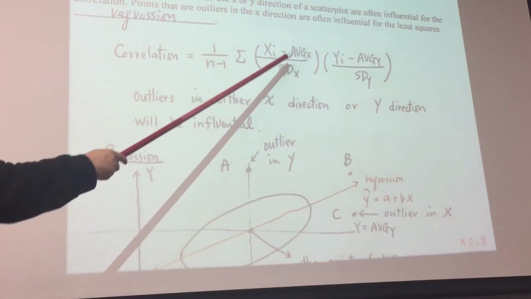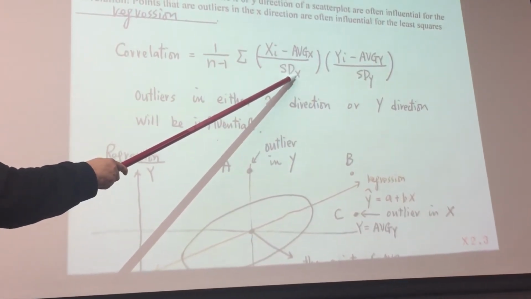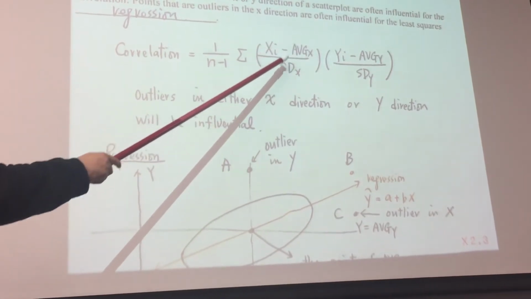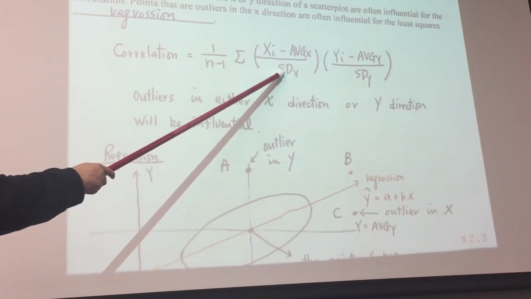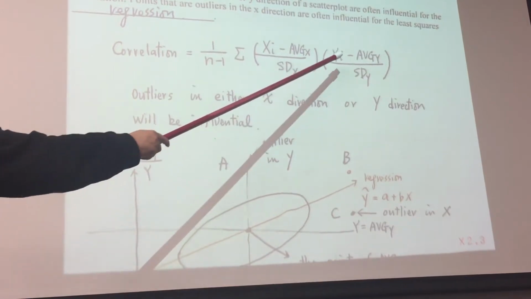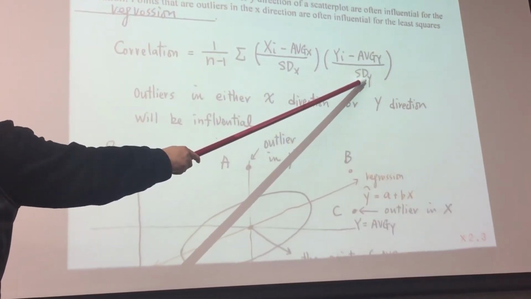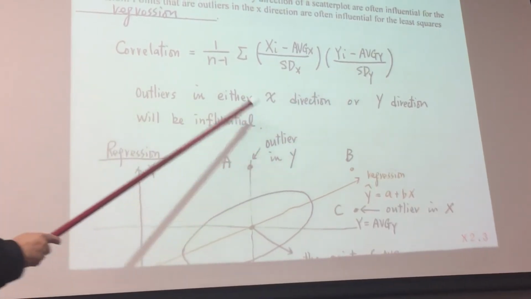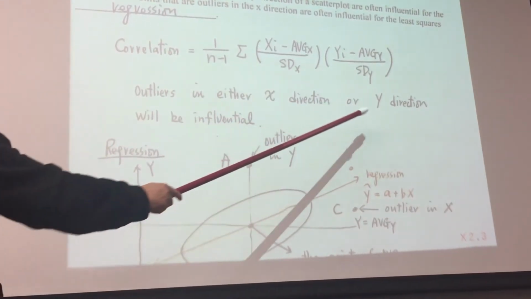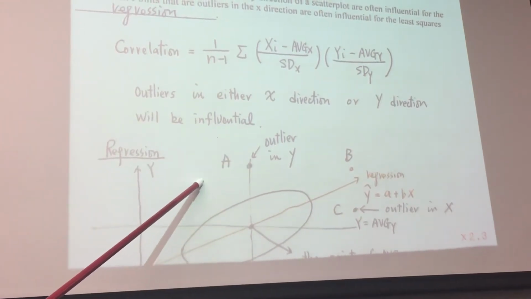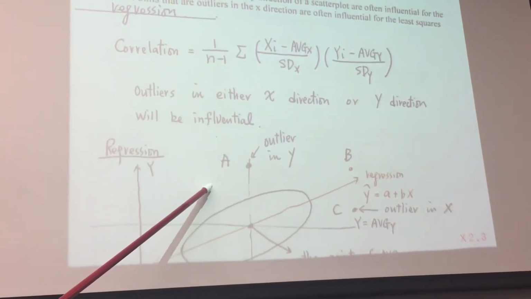Therefore, with or without that point, the correlation will change a lot, because the average and standard deviation are very sensitive. The same goes for an outlier in the y direction: it affects average y and standard deviation y dramatically. So outliers in both x and y directions are influential. But the case in regression is a little different, okay?